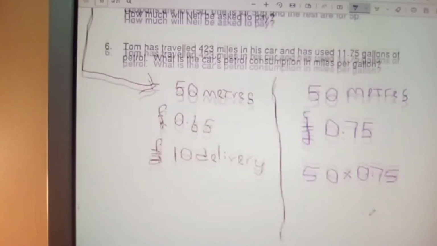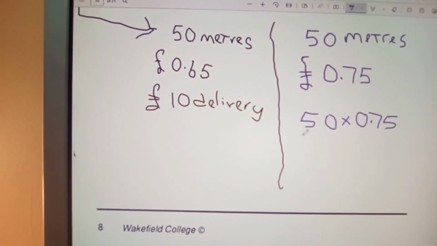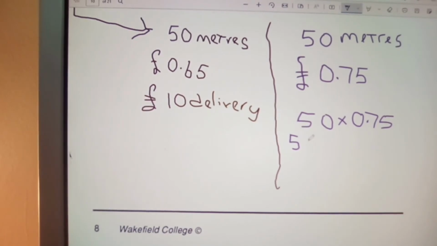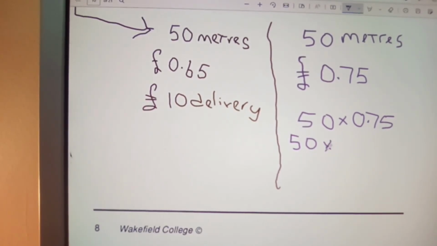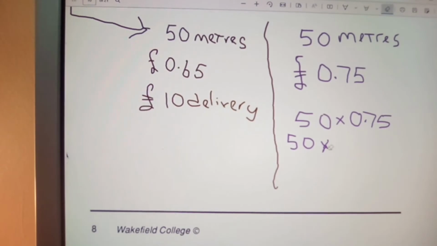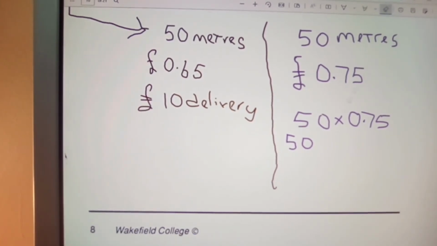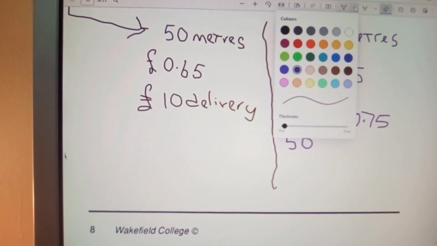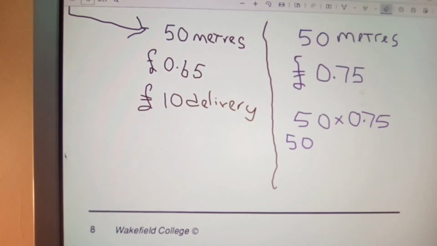So we're then going to multiply 50 times 75.